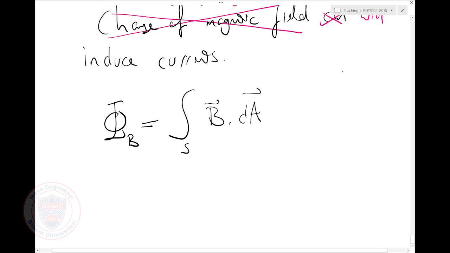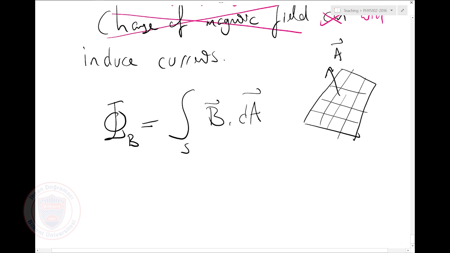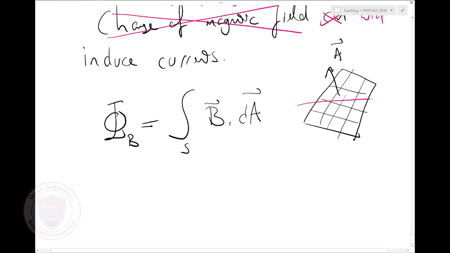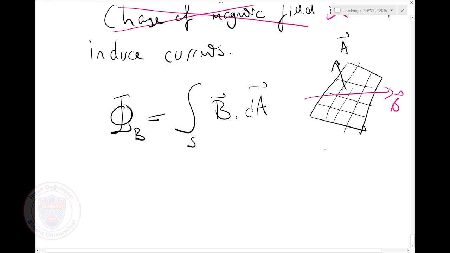So if I have a rectangular surface, my A vector can be defined like that. For a rectangular surface, if I have a constant magnetic field, the magnetic flux would be just B dot A. If I do it for small differential surface elements, it will be B dot dA. If I integrate it over any kind of curved surface, I would find the magnetic flux.